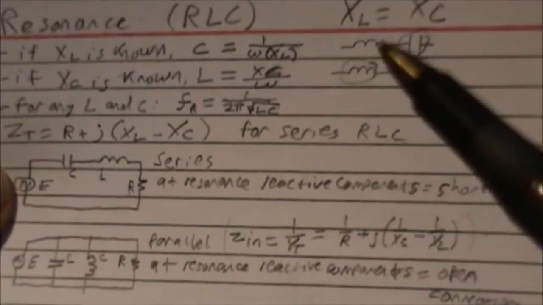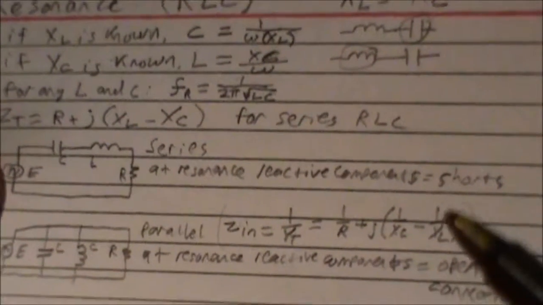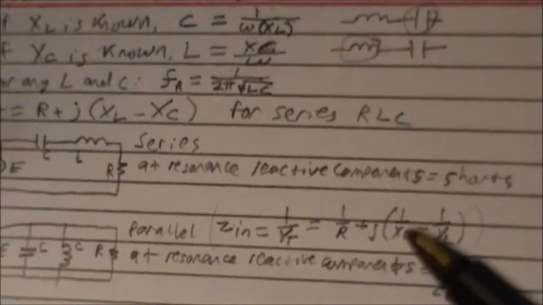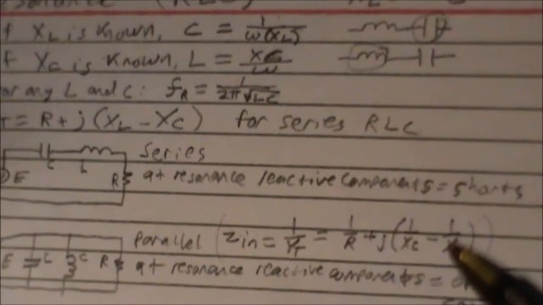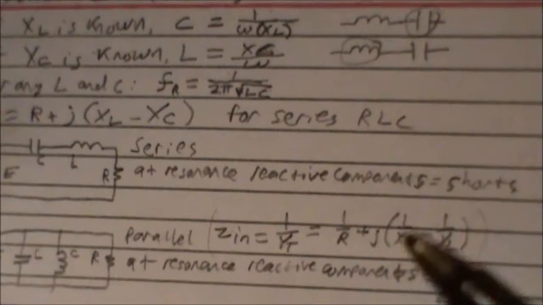Again, when XL and XC are equal, then 1 over, say, 10 equals minus 1 over 10. Well, that's still going to be 0.